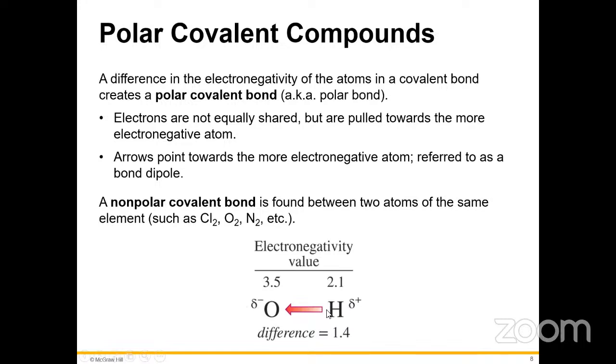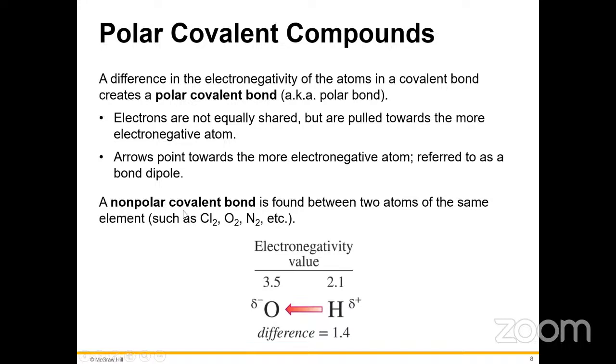For example, in the case of hydrogen bonded to oxygen, the arrow is pointing from the less electronegative atom to the more electronegative atom. So as you can see here, hydrogen has a value of 2.1, oxygen has a value of 3.5. The difference between them is 1.4, all right? And as you can see here, the arrow is pointing towards the oxygen. So that's basically how we represent what we call a bond dipole.